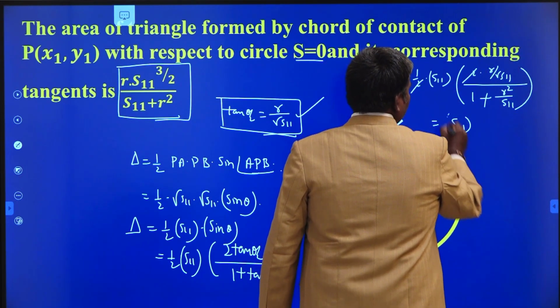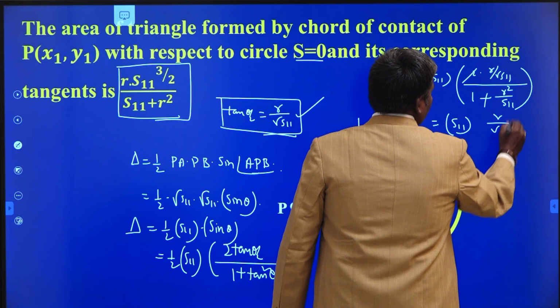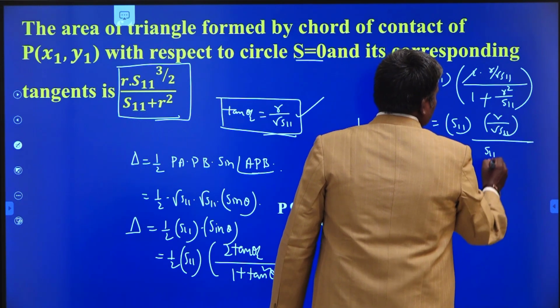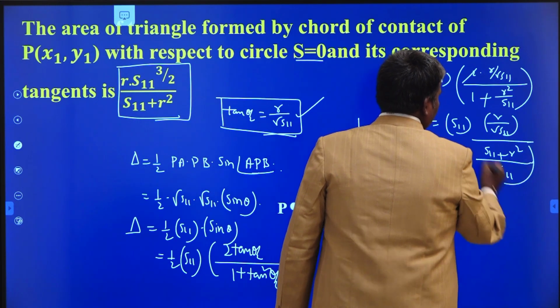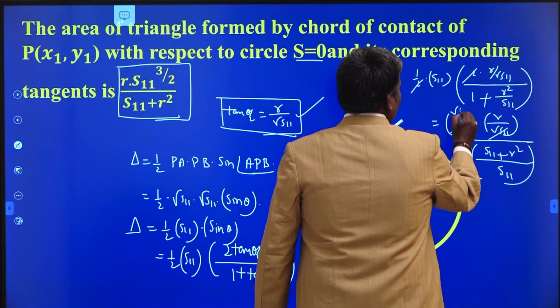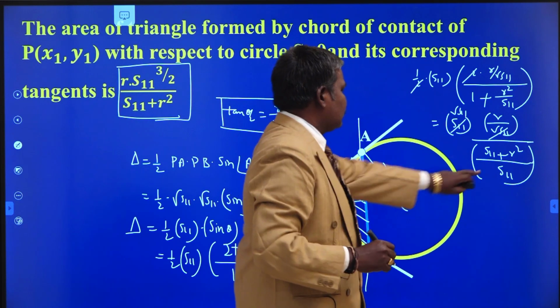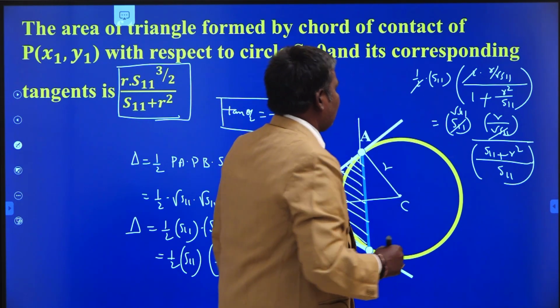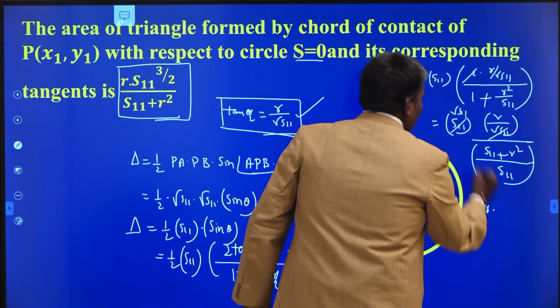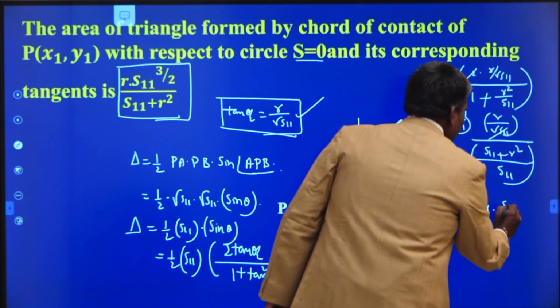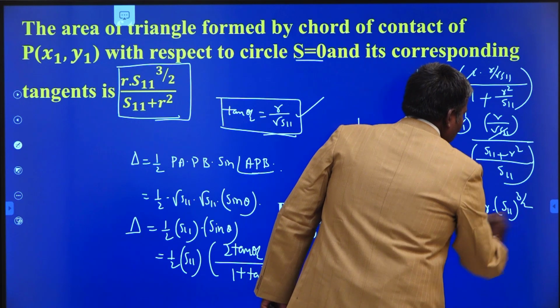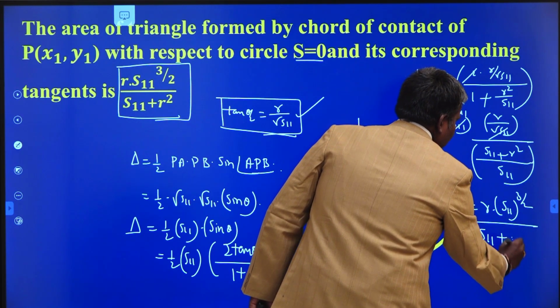S11 into R by root S11 whole divided by S11 plus R square by S11. This root S11 cancels out, and this S11 becomes the numerator. Then the value becomes R into root S11 into S11, that is S11 whole power 3 by 2, whole divided by S11 plus R square.